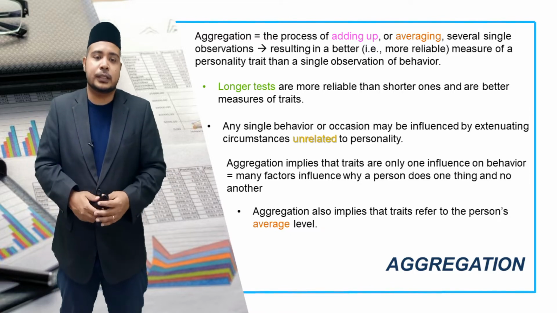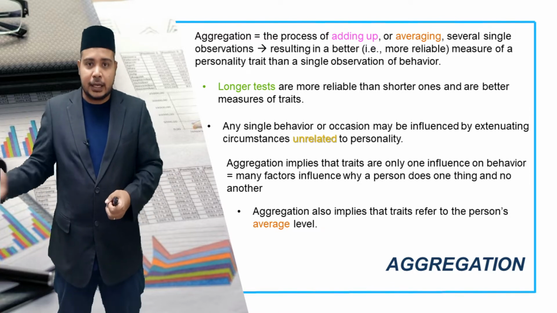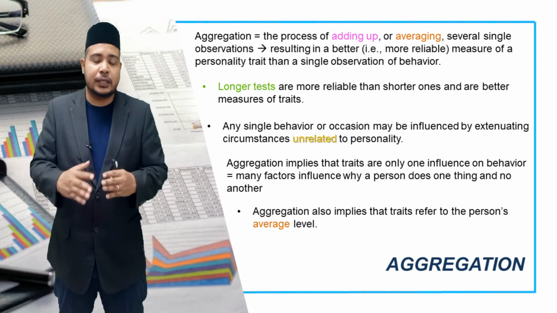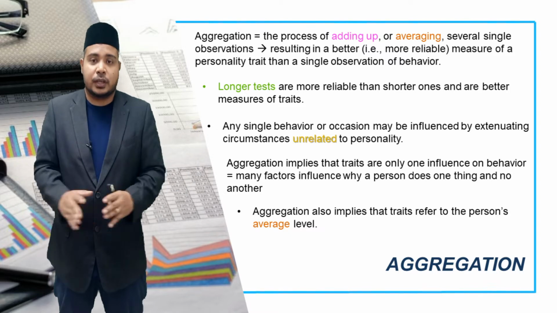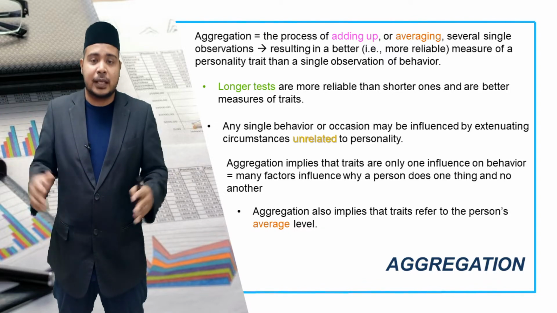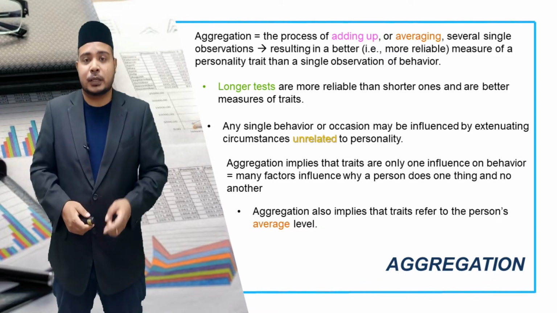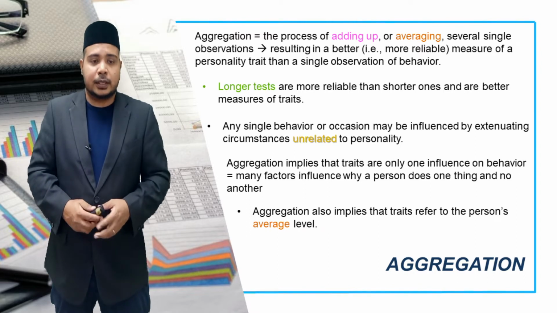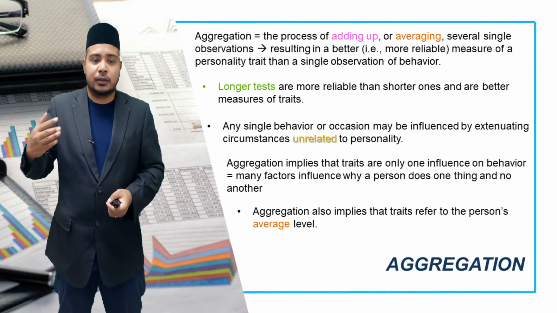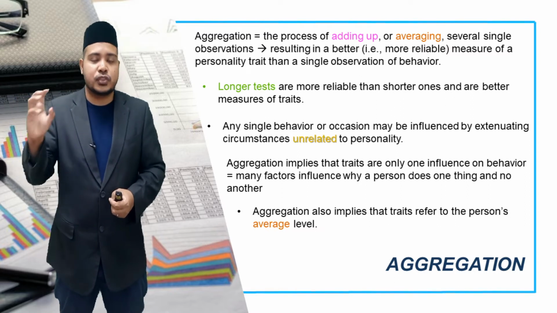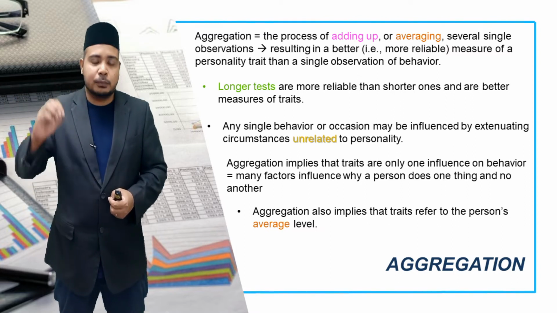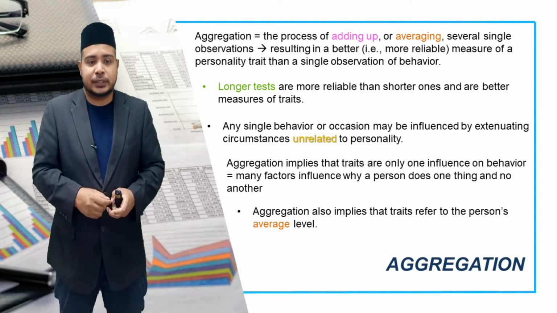Observations here, plural, means adding up and averaging all of the research. There are many studies conducted to understand, for example, one personality trait. Aggregation is the process of adding up and taking the average, the most common characteristic of a personality trait.